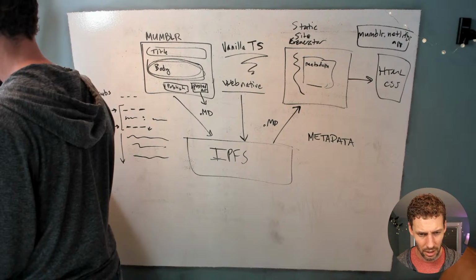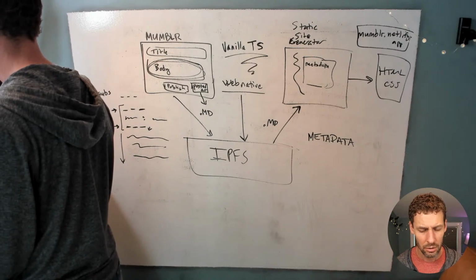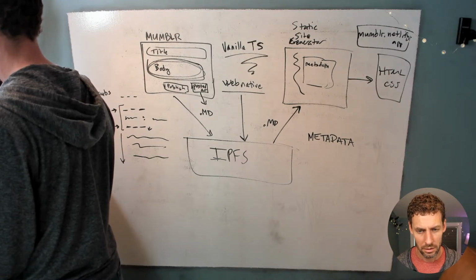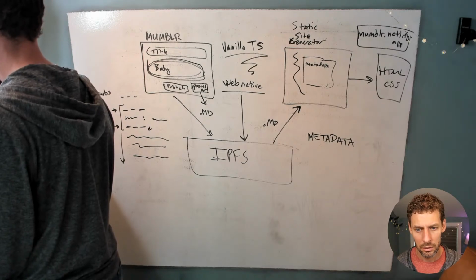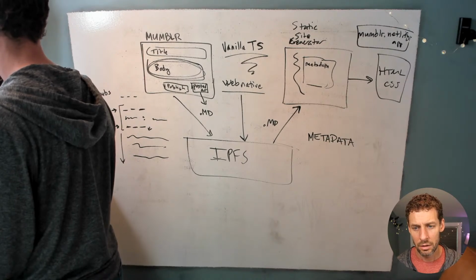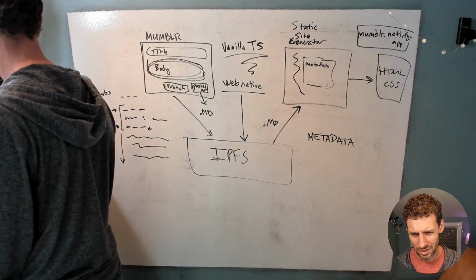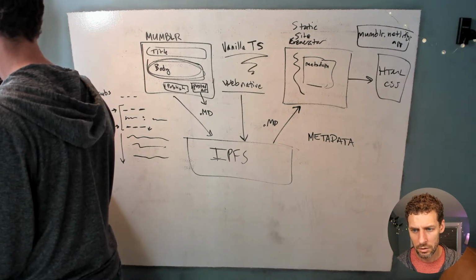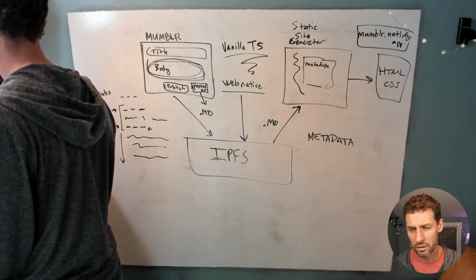Const string that has dash dash dash, new line, and posted at, and a new line, and then another dash dash dash, another new line, and then some post title, and another new line, and some text.